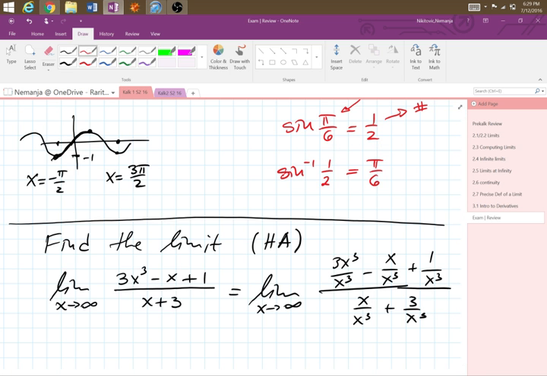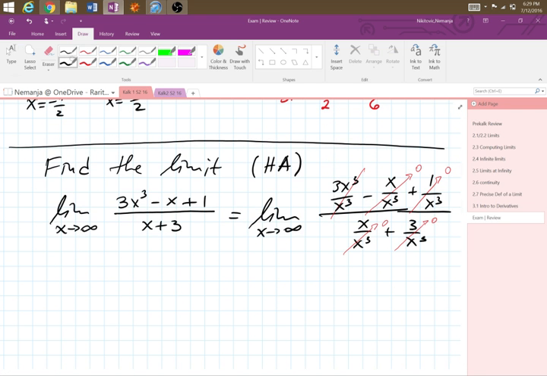In the first one, they cancel, and every other one will go to 0, because when you cancel them and you put x in the denominator, which is infinity, you get a number divided by infinity, which, remember me ripping the paper in class as an example? In every case, it's going to be a 0. So we are getting here at the point where you are getting 3 divided by 0.